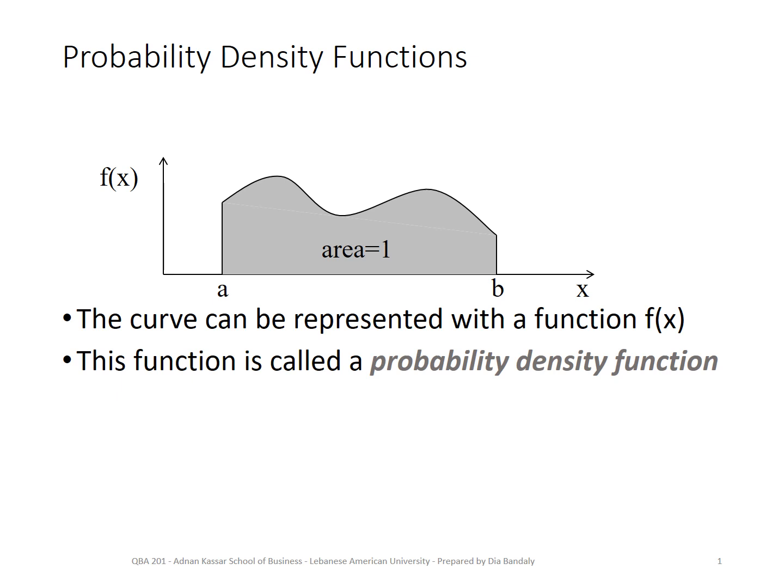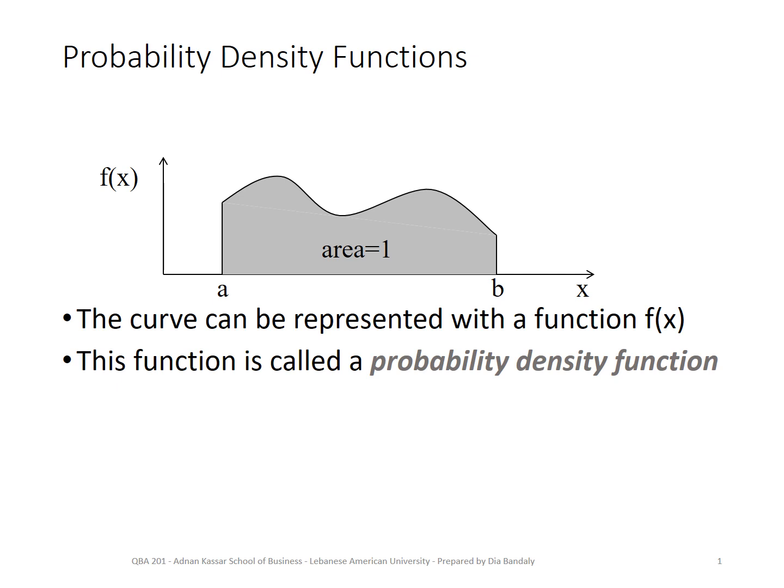Okay, so when this curve is used to represent my probability, then we call this curve a probability density function. And the curve has a function, right? And this function, I'm going to call it f of x.